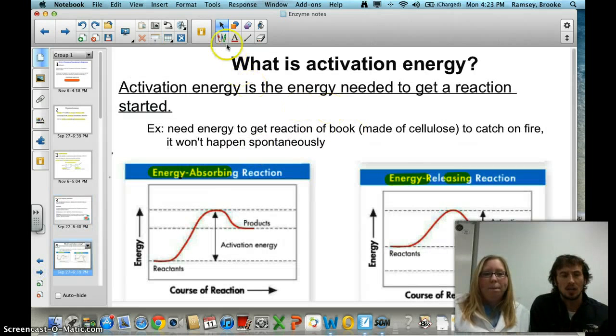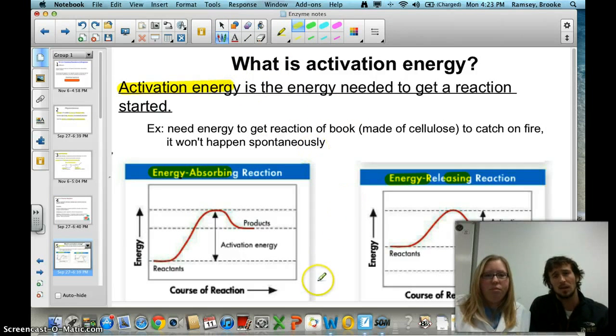Okay, activation energy is an important concept, particularly when we're dealing with enzymes, but it takes place anywhere in chemistry. Anytime you have a reaction taking place, you have the potential for the need for a little bit of energy to be added to the reaction before it can work. So an easy way to think about this: if you've ever had a campfire before, you know you can sit and stare at it all day long.